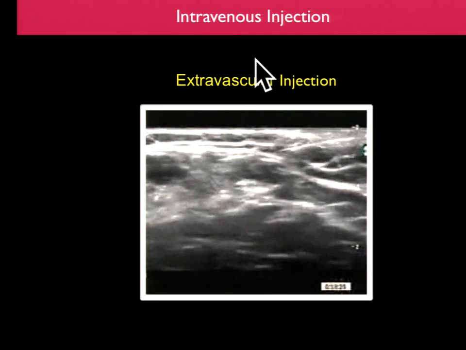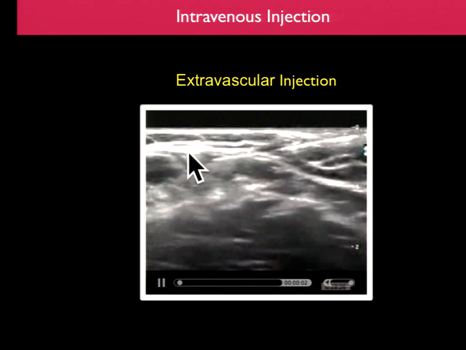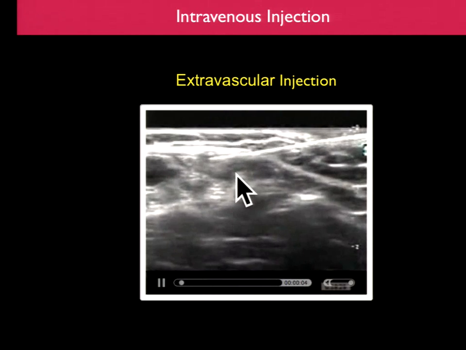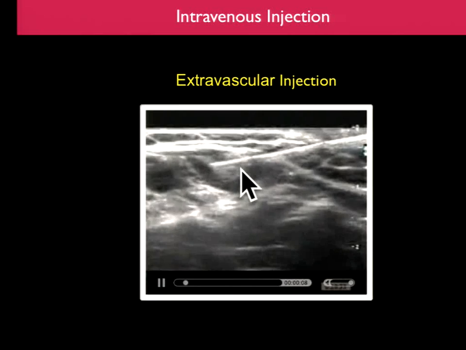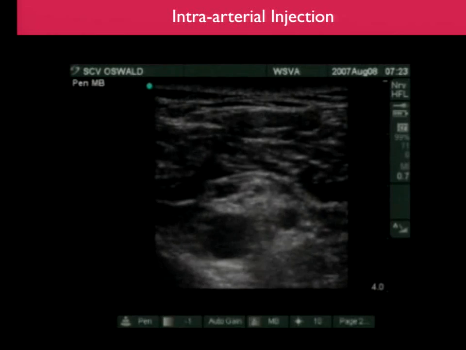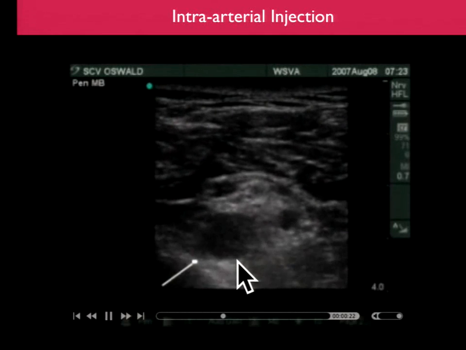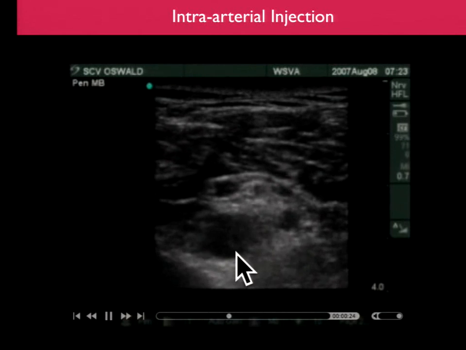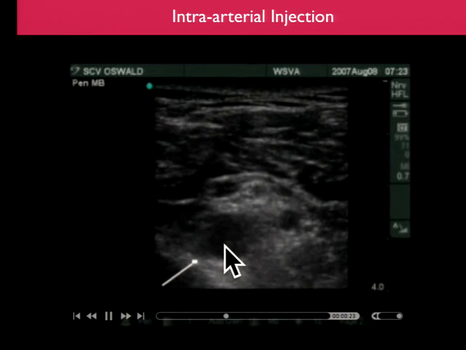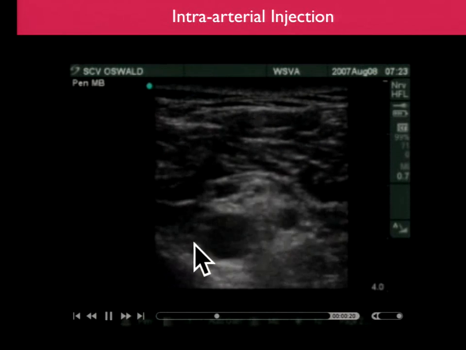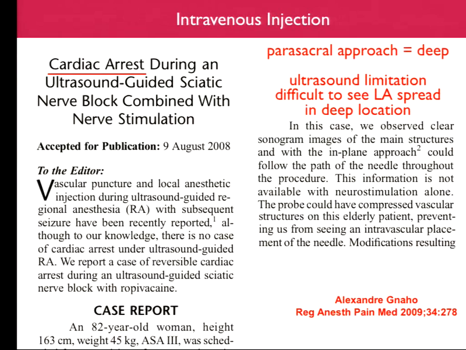So what I really want to see is this hypoechoic fluid collection next to the nerve. If I see the fluid expansion like this, I know this cannot be intravascular. This is intra-arterial. I don't know why we would need to see that because oftentimes you see blood coming back. But if you do see it, it will be a blush of a turbulence like this when you see that.